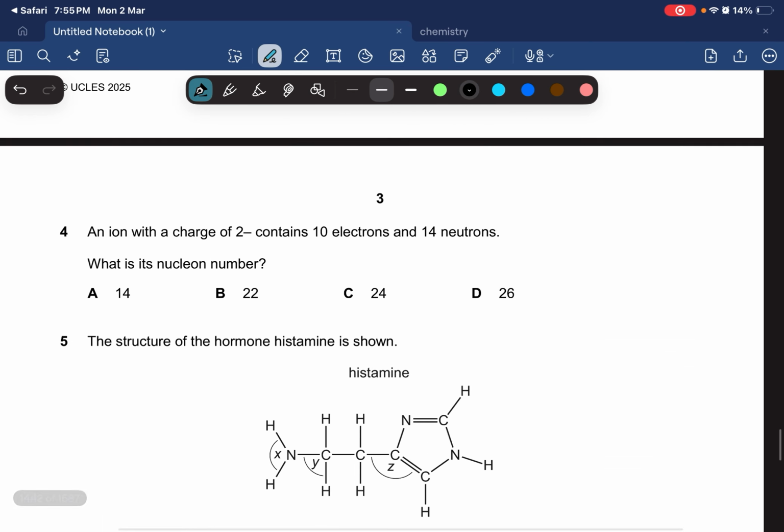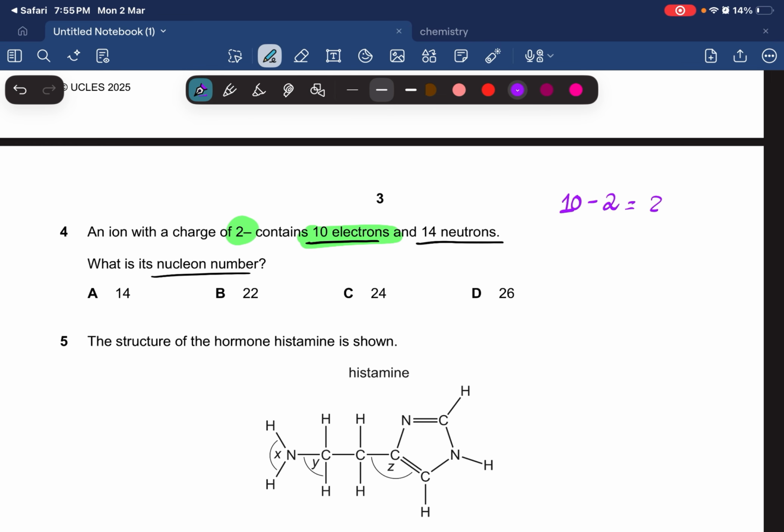An ion with a charge of 2 negative contains 10 electrons and 14 neutrons. What is its nucleon number? Okay, it has a 2 negative charge. That means out of those 10 electrons, 2 electrons are gained, right? So what are we going to do? We're simply going to do 10 minus 2 equals 8 electrons.